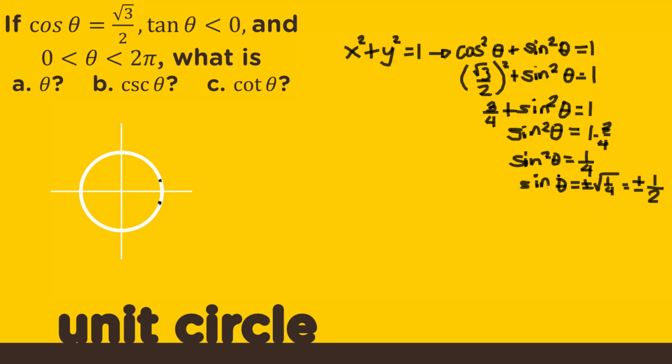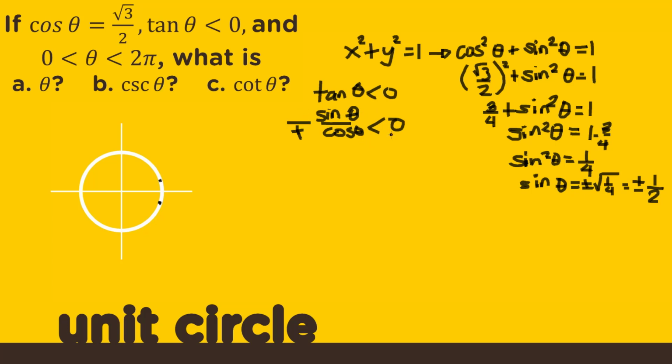But the thing here is that we have the condition that tangent theta is less than 0. We know that tangent theta is sine theta over cosine theta. This would mean that the entire expression is less than 0. Our cosine is given as positive square root of 3 over 2, so that's positive. What should be the sine of our theta, such that when we divide that by a positive, it's still less than 0?